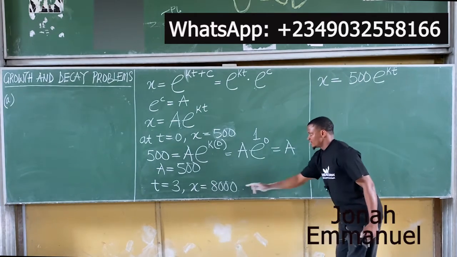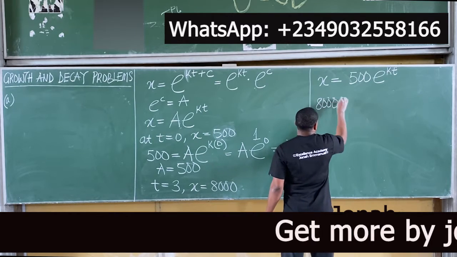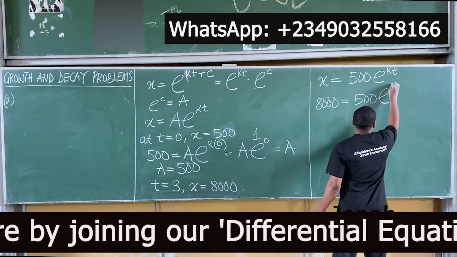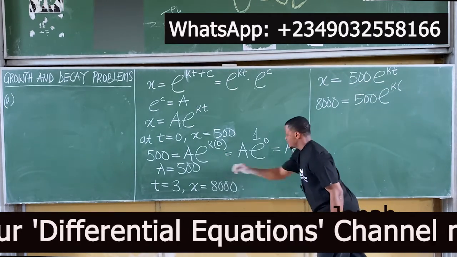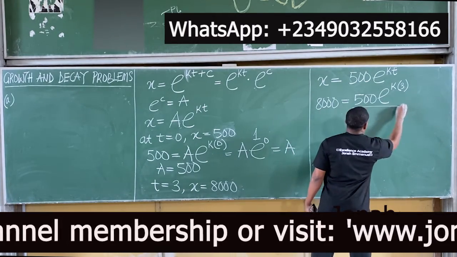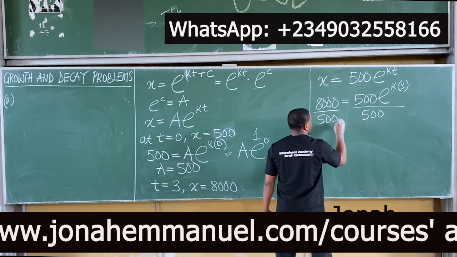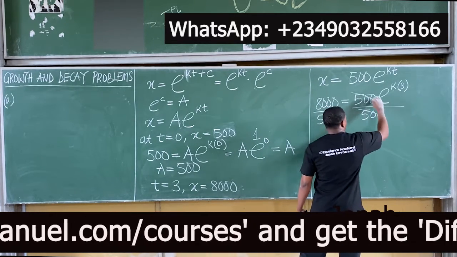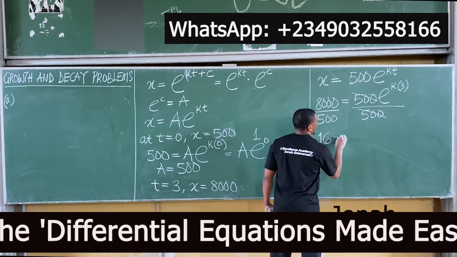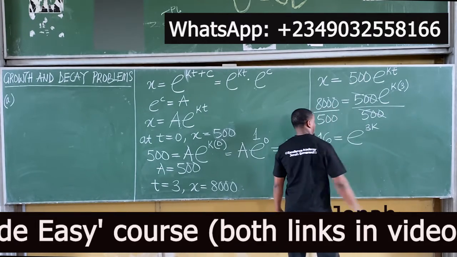Let's impute this condition. x is 8,000, so 8,000 is equal to 500 exponential k into 3. To solve this, first I'll divide both sides by 500. This cancels this and gives you 16 is equal to exponential 3k.